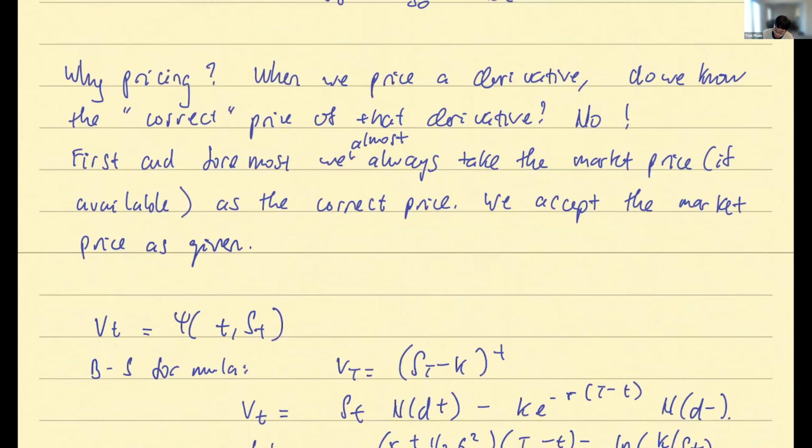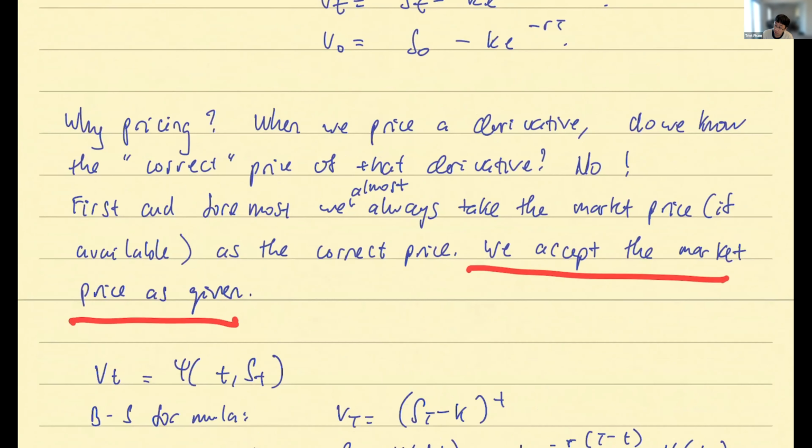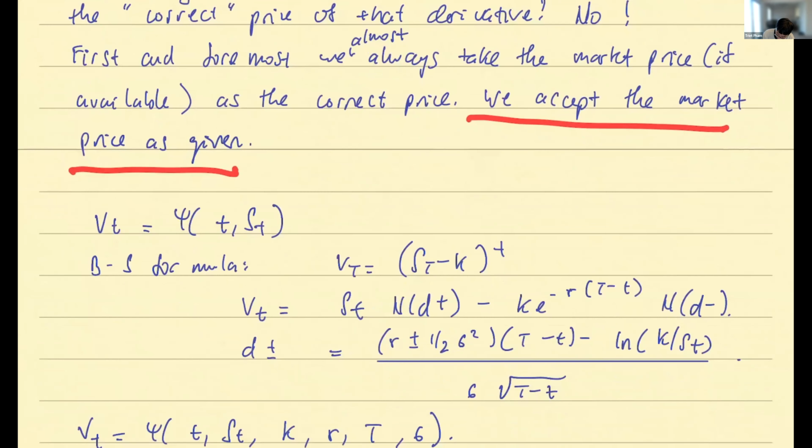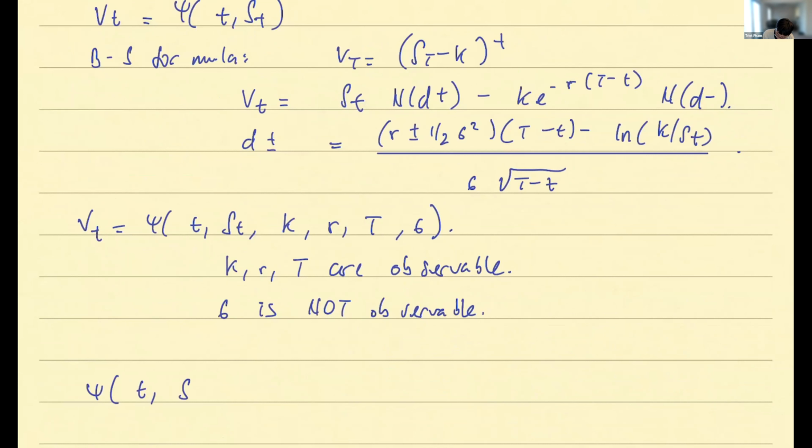Remember, we say we accept the market price as given. In other words, once you have this tool, you set this to be equal to the market price, which is clearly also observed and given.